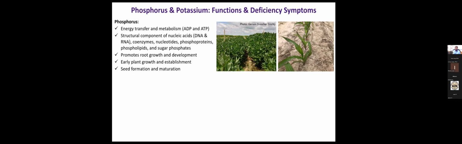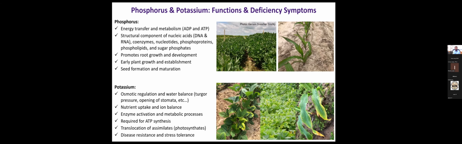Potassium, on the other hand, produces irregular yellowing symptoms around the leaf edge. It can be on the bottom leaf as well as on the top leaf, depending on the severity of the deficiency as well as the growth stage.